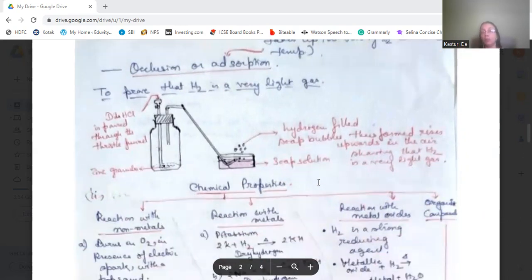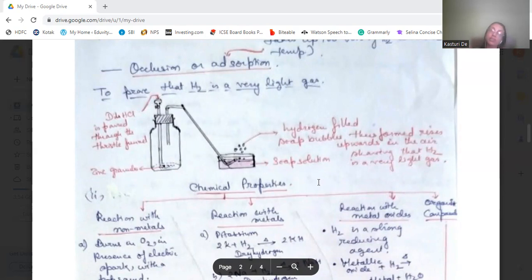If we take a glass bottle, where we take some granulated zinc and pour some dilute hydrochloric acid through a thistle funnel into the bottle, the reaction will take place with the dilute hydrochloric acid, and the hydrogen will be liberated. If this hydrogen is passed through soap solution, the hydrogen gas will come out as bubbles.